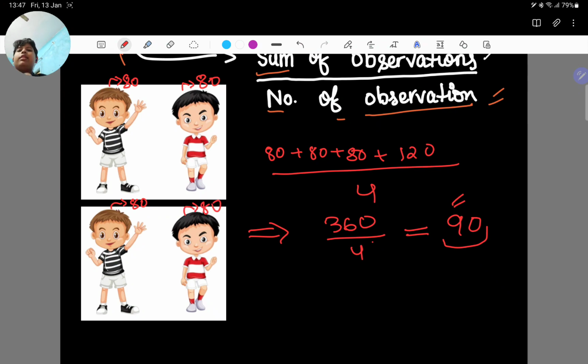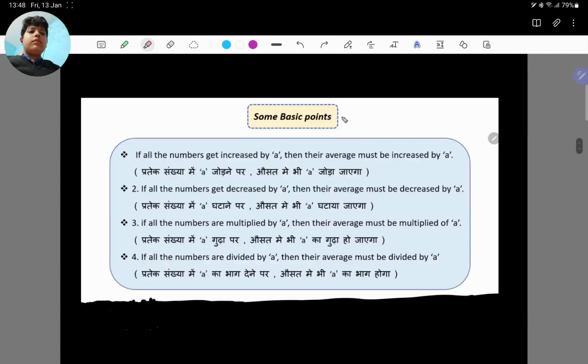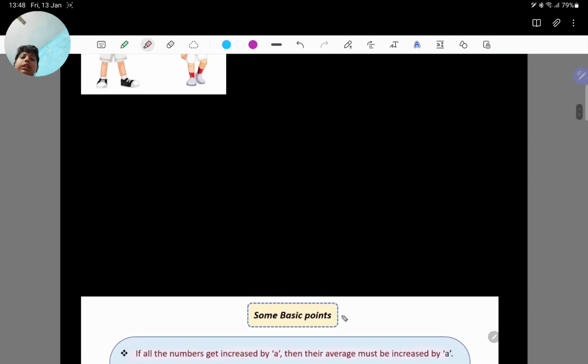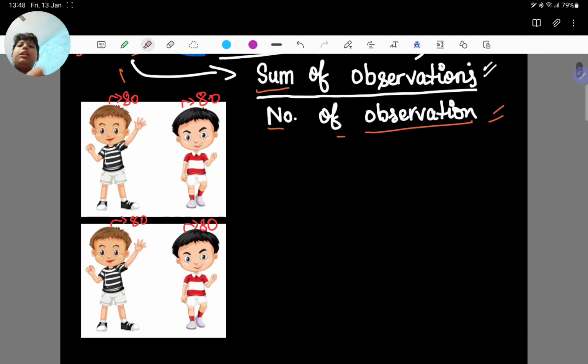Forget this, I will erase this. Okay, so now all numbers are increased by a number a. I will write it here, a and a.